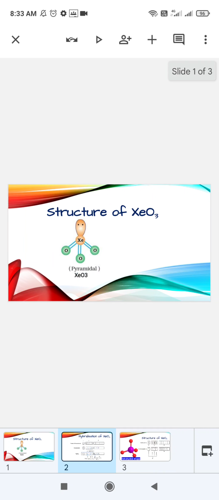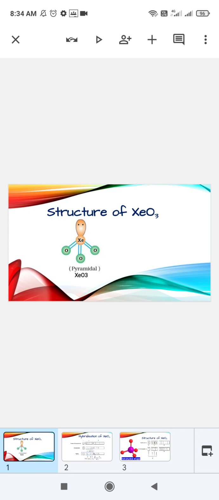So the structure of XeO3 is pyramidal, since we have one lone pair of electrons and the orbitals are arranged in a tetrahedral fashion. The expected bond angle is 109.28 degrees, but since we have a lone pair of electrons, in order to reduce the bond pair lone pair repulsion, the angle is reduced a little bit, and we have to ignore the lone pair of electrons while mentioning the geometry.